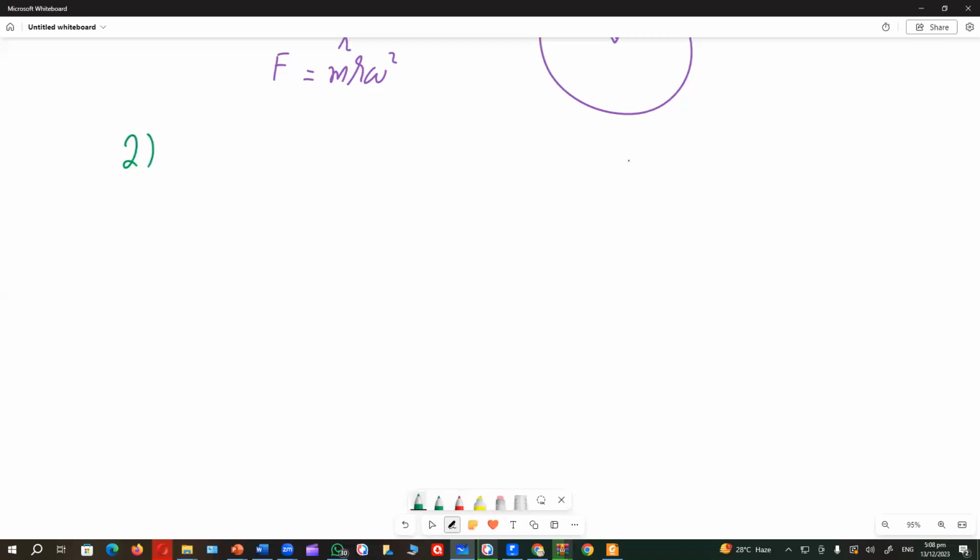I move to my second chapter for the midterm syllabus, and that is gravitation. I'm starting with the fundamental concept, that is Newton's law of gravitation. The main concept of this chapter is Newton's law.